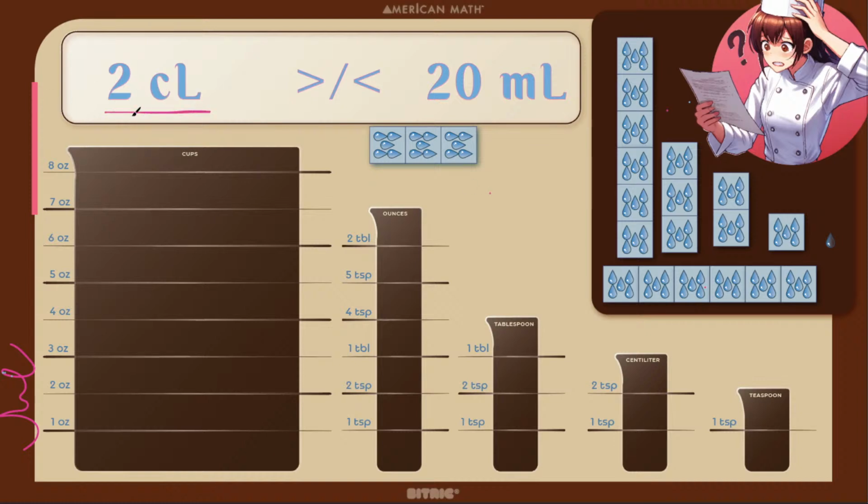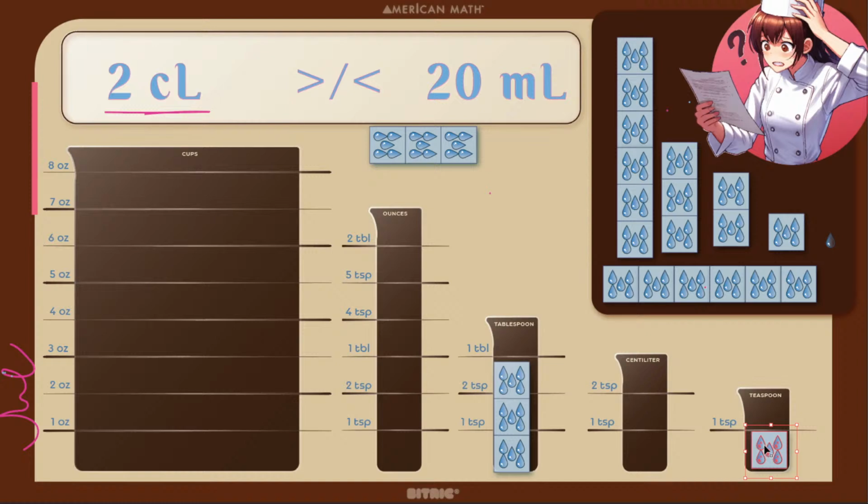All right, let's work it out. So first we have 2 centiliters. So 1 centiliter is 2 teaspoons. So 2 centiliters would be 4 teaspoons. And a way to drag that out, I could simply just drag out a tablespoon and 1 teaspoon to make our 4 teaspoons, aka 2 centiliters.